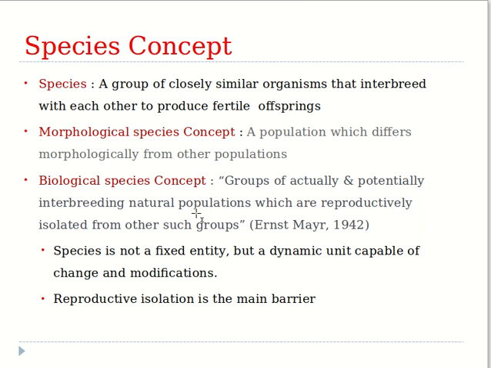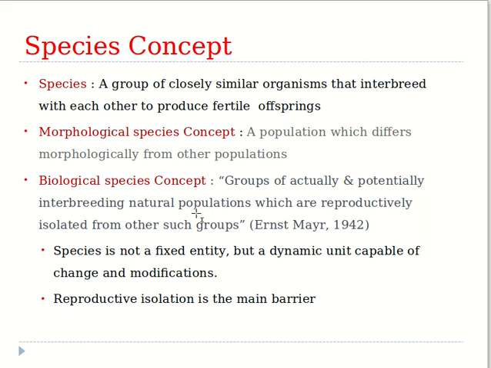And this biological species forms a reproductive community that is isolated from other such communities or groups, an ecological community or ecological unit, and a genetic unit. A species may be regarded as a reproductive community as its members recognize each other as potential mates for reproduction and propagation, and it is considered as an ecological unit as it forms a constituent of a biological community, or what we call an ecological community, and interacts with other components in a community.